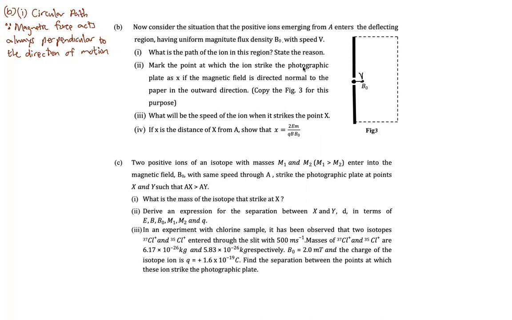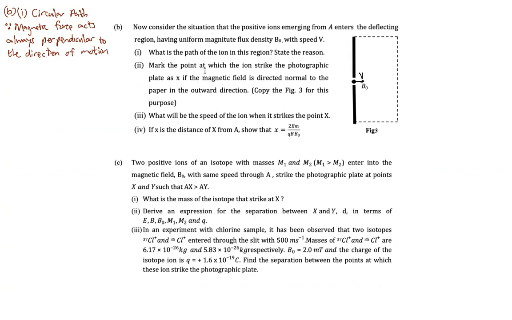Moves anti-clockwise. How do you know that it's anti-clockwise? Have they mentioned that? The direction of the magnetic field, is it given? Is it into the plane or out of the plane? Only in the second part is the direction mentioned.